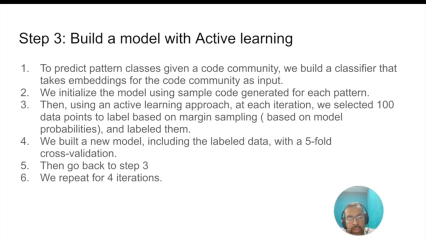We add them to our training set and retrain a model with 5-fold cross-validation, and we look at the out-of-fold accuracy. Using that model, we again predict on the unlabeled data and again look for the most uncertainty, iteratively.